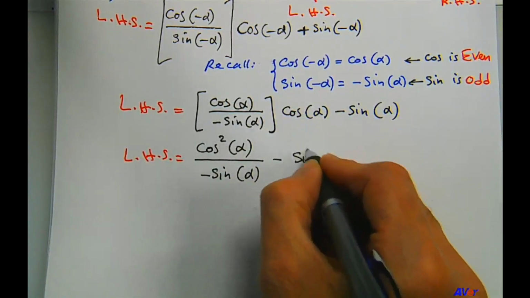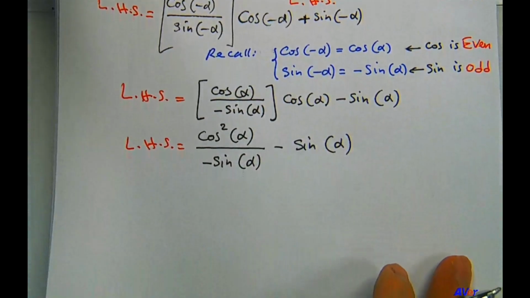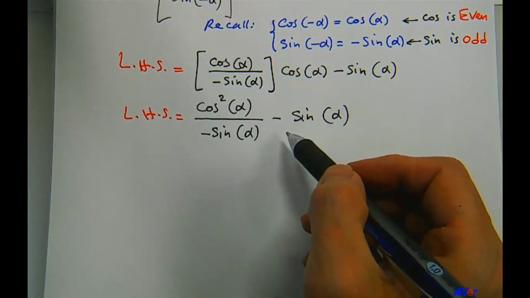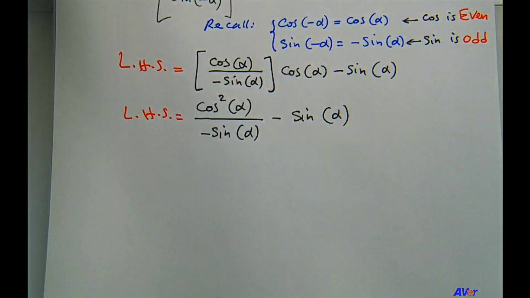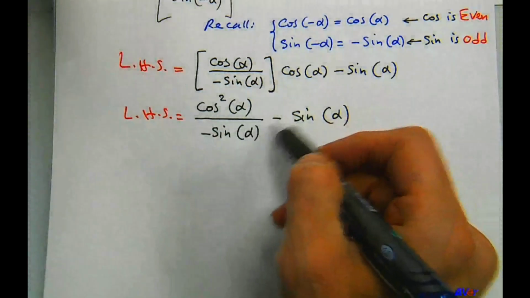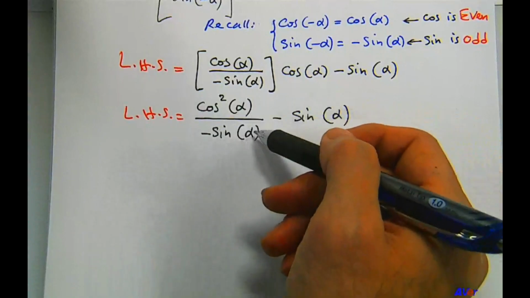Minus sine of alpha. Okay, so now what would you suggest that we do at this point? Well, you would take the common denominator, right? This is a subtraction, addition or subtraction of two terms. We would take the common denominator.